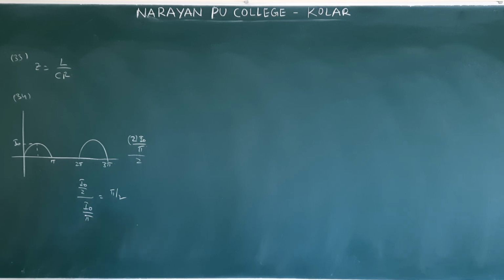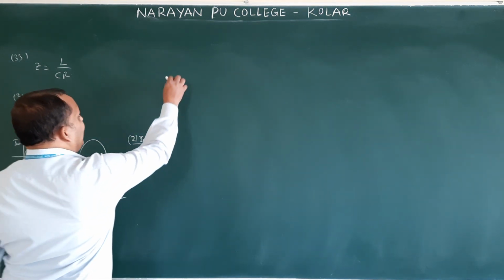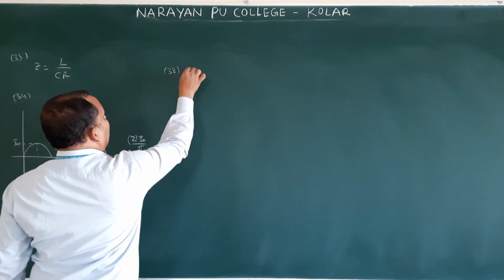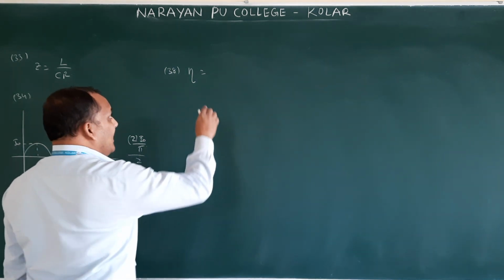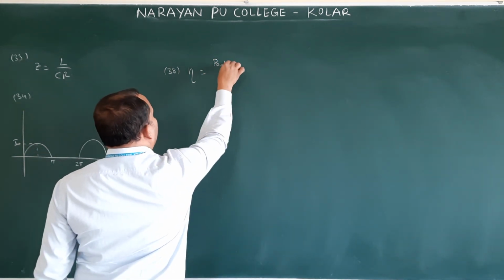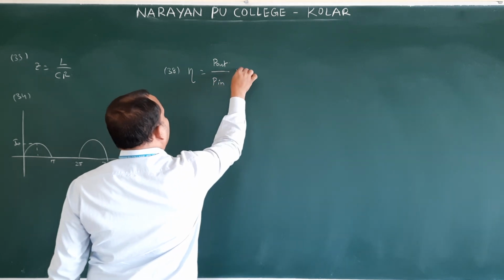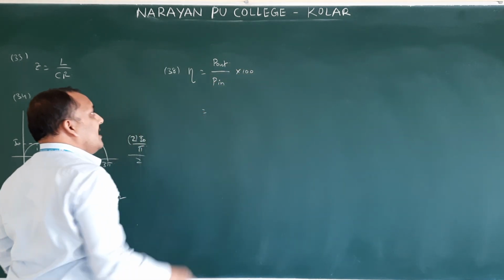A transformer is used to light a bulb of 60 watts, 120 volts lamp from a 200 volts mains. If the main current is 0.6 amperes, find the efficiency of the transformer. Efficiency of the transformer formula: output power by input power into 100.